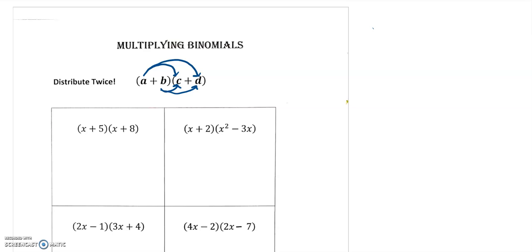Okay, so here we go. Take the first one. We're going to distribute twice. We're going to distribute here, and we're going to distribute here. Let's go ahead and do that part first. So x times x is x squared, and x distributed to the positive 8 is a positive 8x.